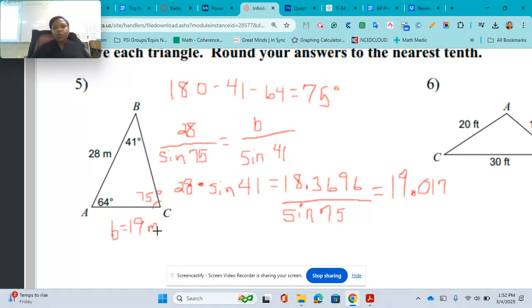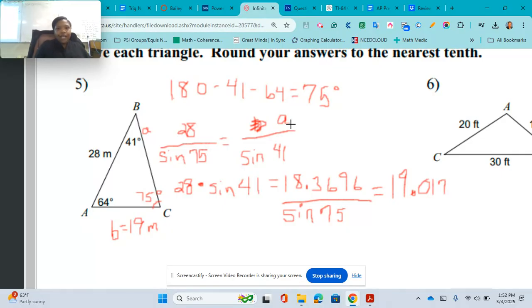We need to find what now? Little a. How can we find little a? The law of sine again. So I'm going to use the same one of the 28 over the sine of 75, but I'm not looking for my B, I'm looking for my A. So I'm going to cross this out, put a little A, because I don't know how to use the eraser tool yet.